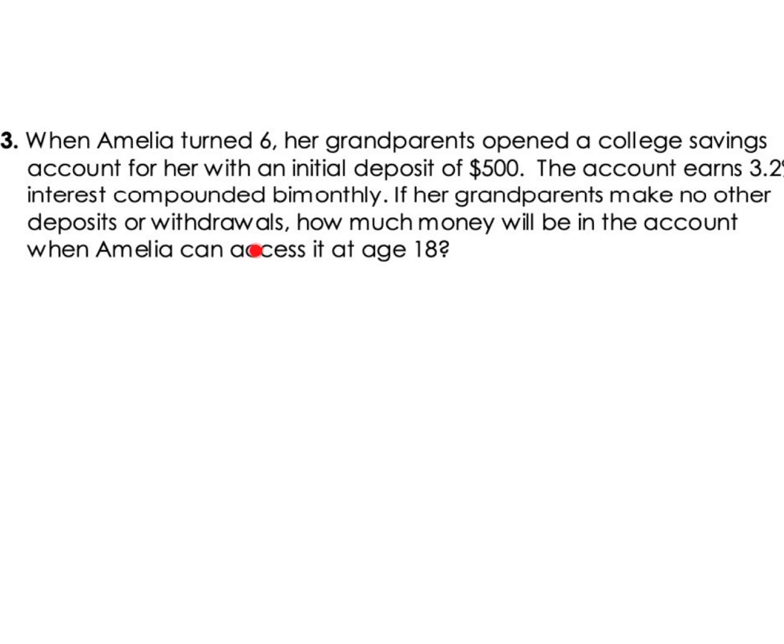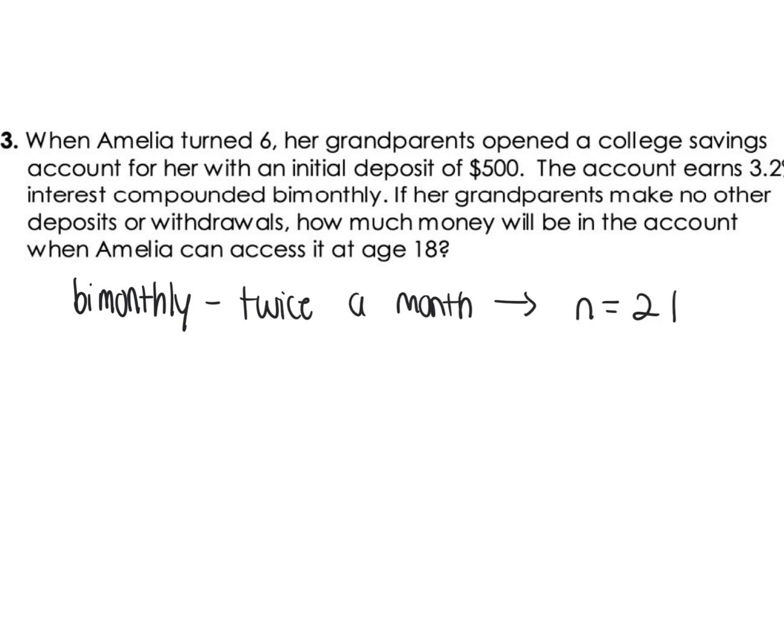So for this specific situation, bi-monthly means twice a month. That means that N would be 24. Then P is 500, R is 0.032, and T is 18 minus 6, which is 12.